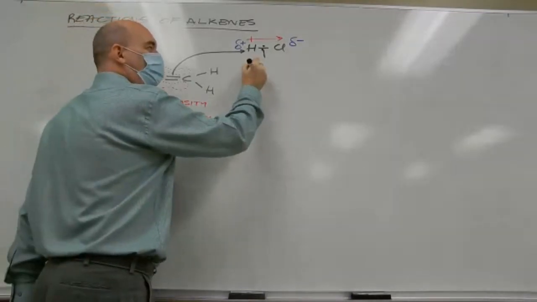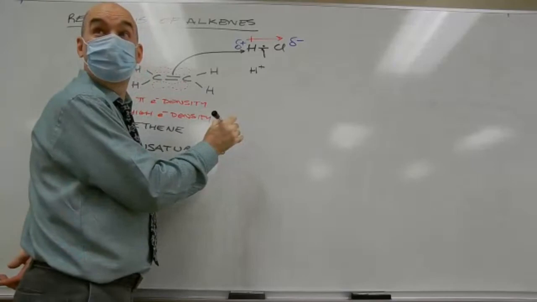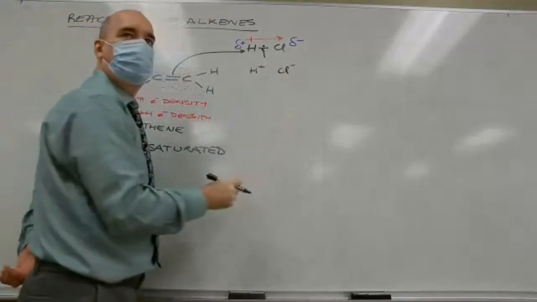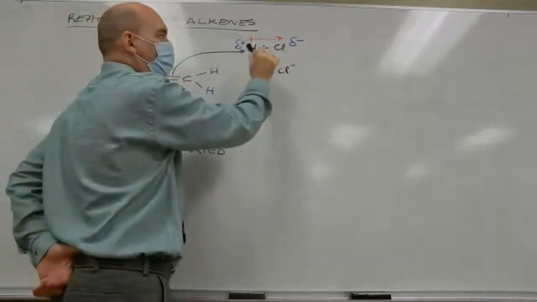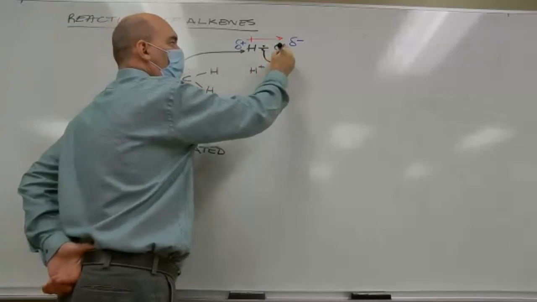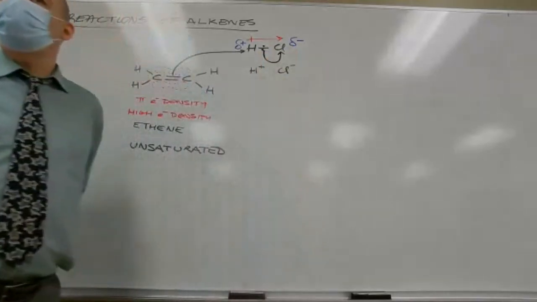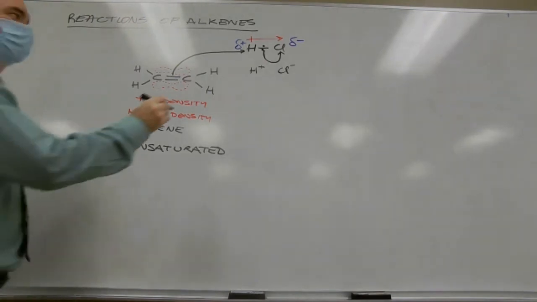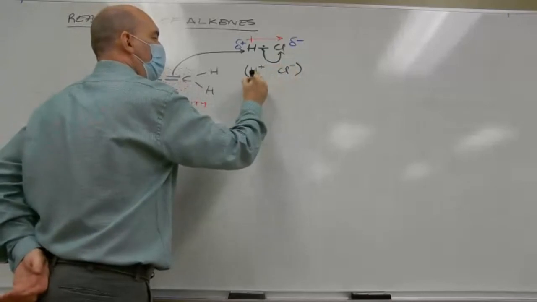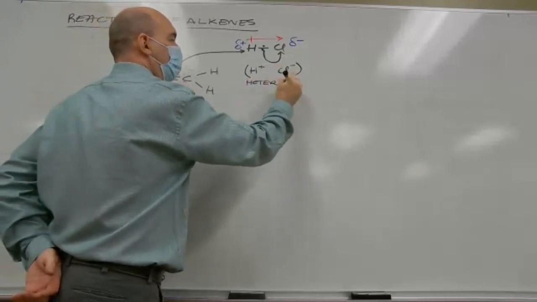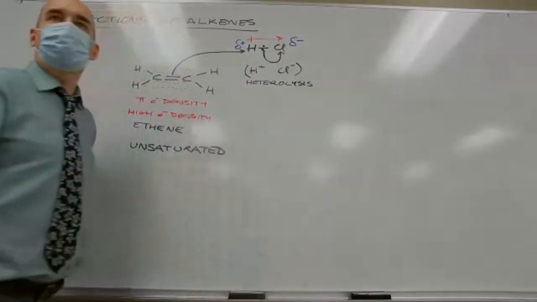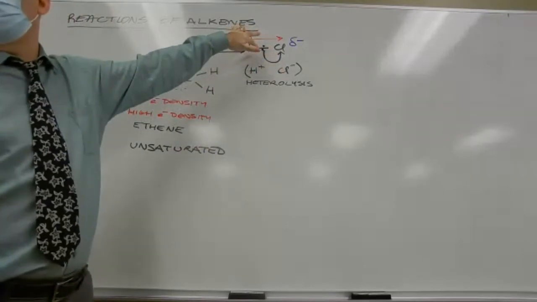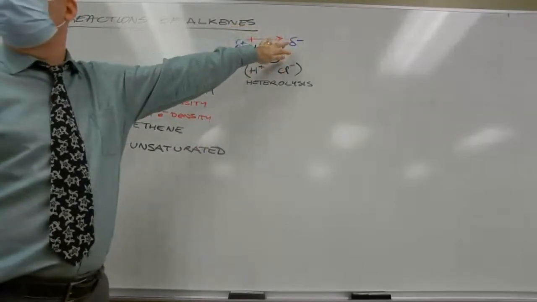What I'm essentially doing here is making an H plus that the carbon takes and a Cl minus. How do I turn a Cl into a Cl minus? Well, I give it both of the electrons that were in that covalent bond. This is heterolysis. That is an uneven split. This bond split, and both the electrons go to stay with the chlorine.